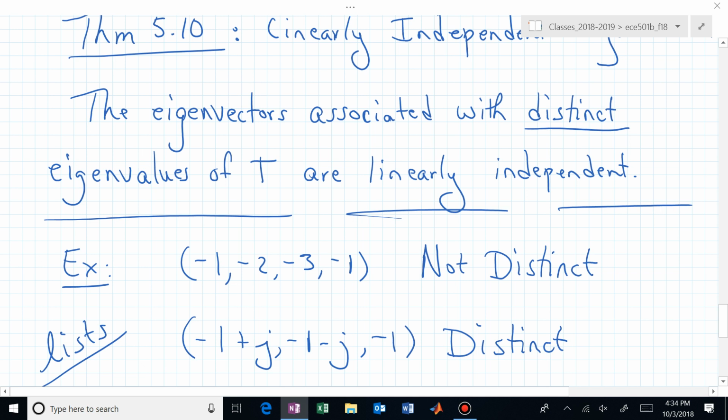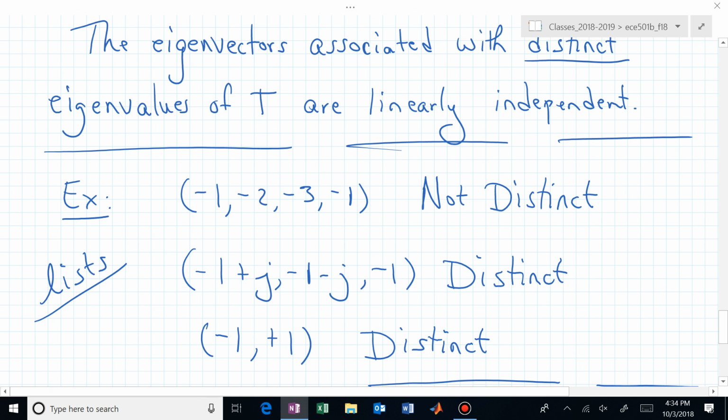I have distinct eigenvalues, some list of distinct eigenvalues, a list that's m long, right? And B is then that the m eigenvectors associated with those are linearly independent. So now I'm assuming not B and the distinct eigenvalues and seeing if I can find a contradiction somewhere.